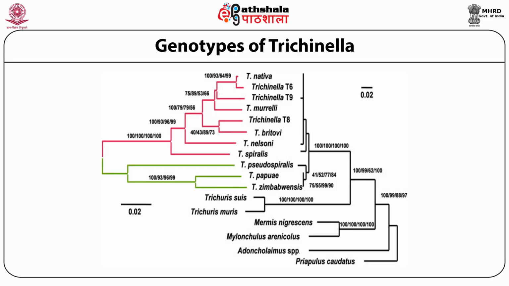The basal Dorylaimia lineage, which contains Trichinella, also contains the free-living Mononchida, the plant parasitic Dorylaimida, and the entomophagous Mermithida. These nematodes share features of early embryogenesis and small subunit rDNA sequences.